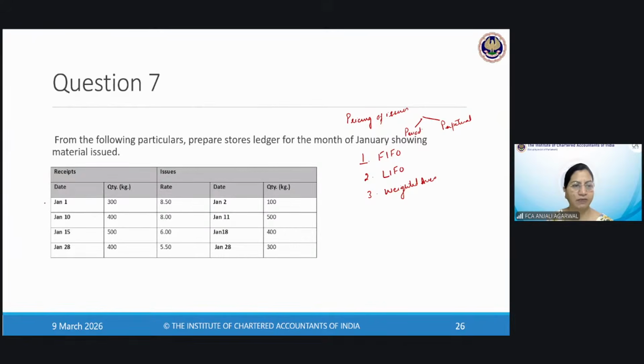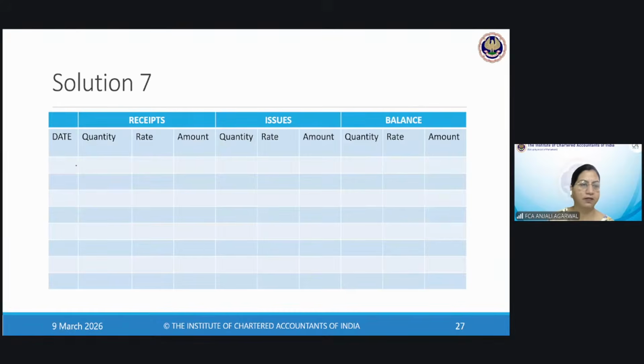So let's take quickly one example. You had on 1st January 300 quantity, rate 8.5. There are some receipts. And then there are some issues on 2nd January, 11th January, 18th January, 28th January. So let me write the dates. 1, 2, 10, 11, 15, 18, 28, 20.